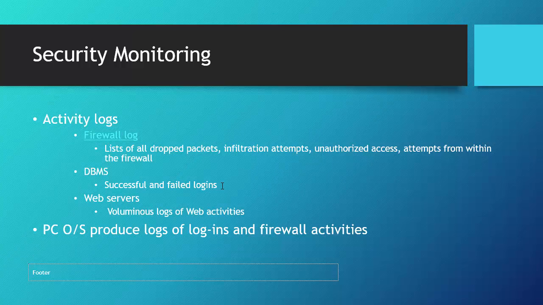Are there people trying to break in terms of logging in different areas where they shouldn't, and being on different parts of the network? We can also monitor who's scanning what firewall ports and so on. And so that's part of this last bulleted item here. So that's part of the operating system's logs and firewall activities.